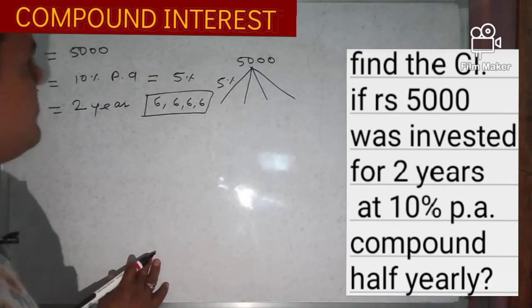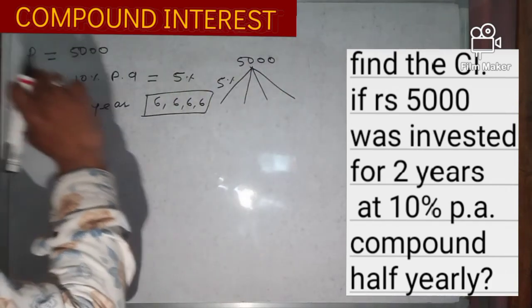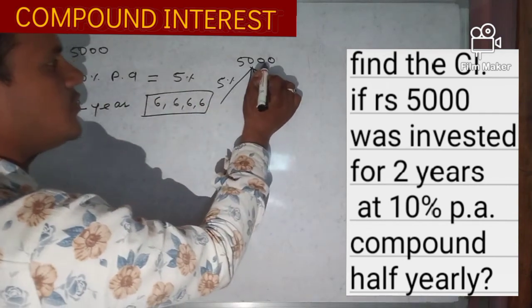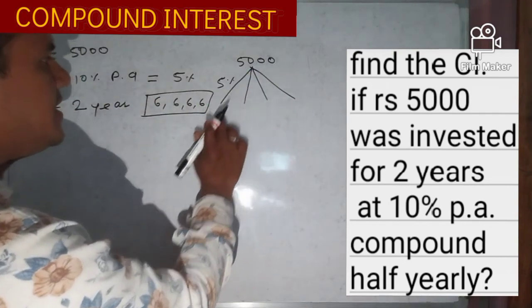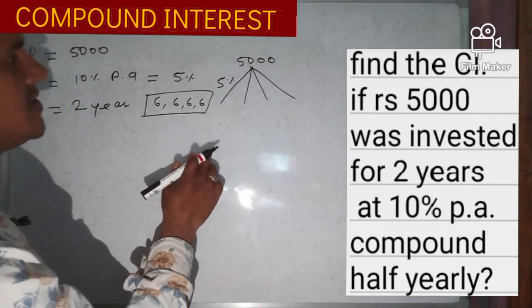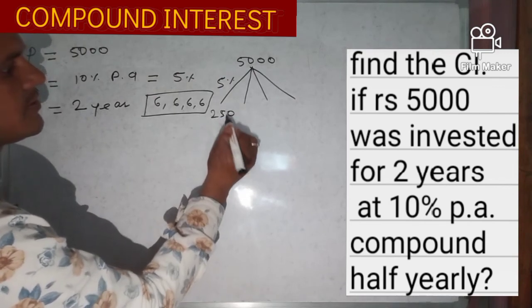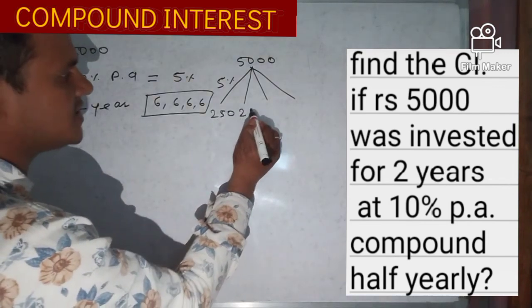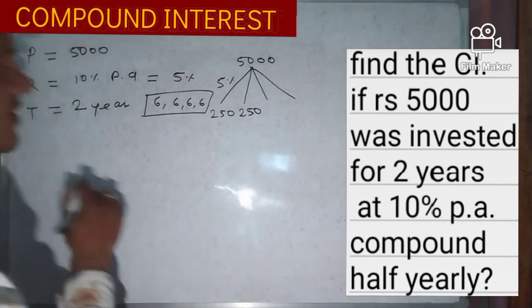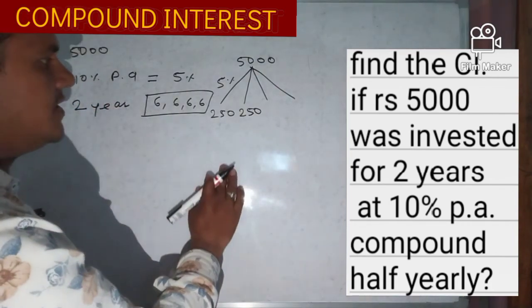So what will be 5% of 5,000? 5,000 is given, yes. So 10% is equal to 500. We need just 5%. So 5% is half of 10%. So 5% will be 250. In the second period also it will be 250, but compound interest is interest on interest.